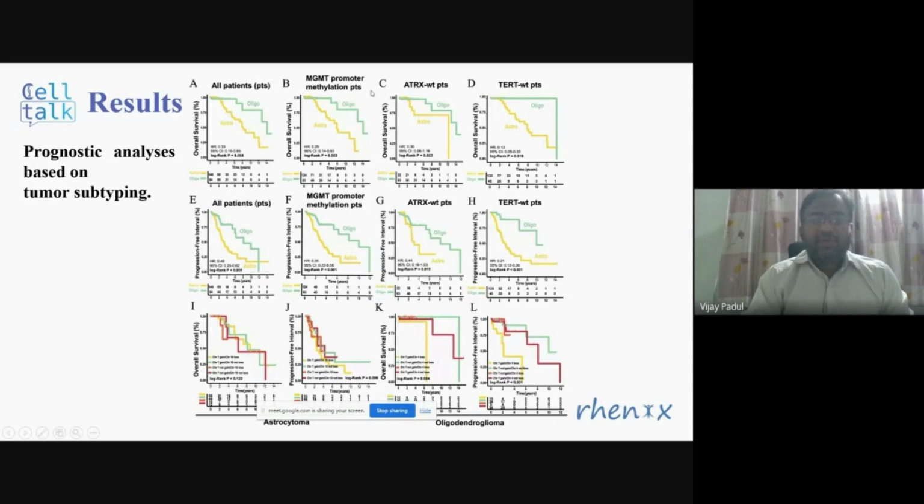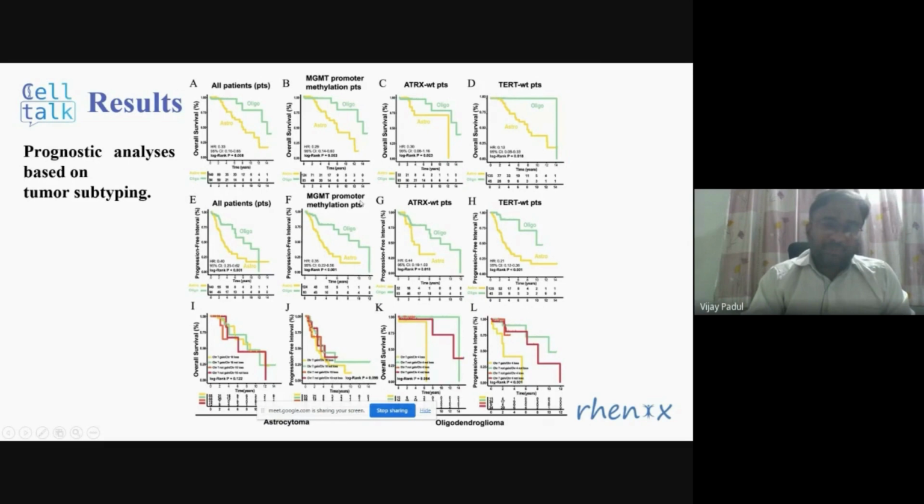So looking at other characteristics, MGMT promoter methylation, if it is present, then those oligodendroglioma patients will survive longer as compared to astrocytoma. There is also a difference between ATRX wild type status patients, then TERT wild type patient status, oligodendroglioma is surviving longer.